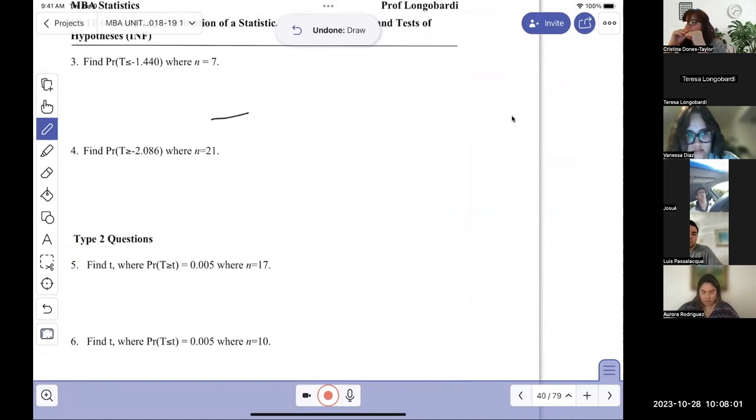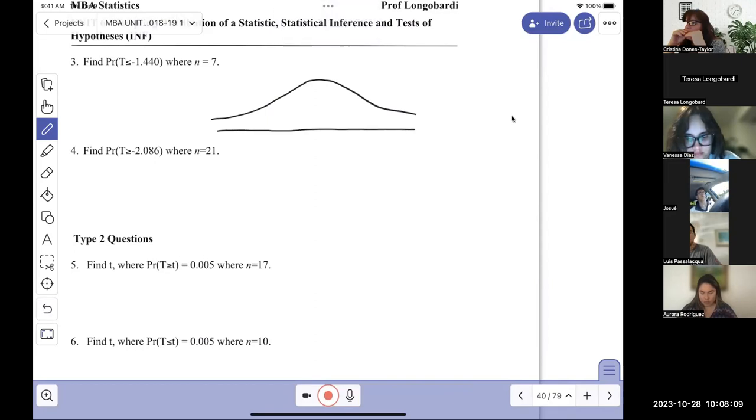So we're going to draw it first. So negative 1.44. First of all we say T6, because degrees of freedom is one less. And then we're going to mark negative 1.44.